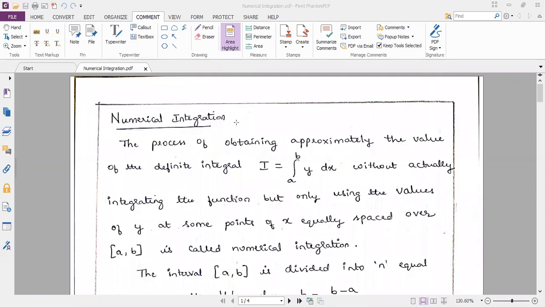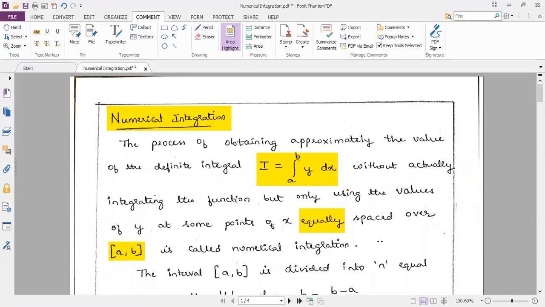Today, I'll be teaching a topic in numerical methods. It's about numerical integration. The process of obtaining approximately the value of the definite integral, which is in the form integral a to b y dx, without actually integrating the function, but using only the values of y at some points of x equally spaced over the interval a comma b, is known as numerical integration.